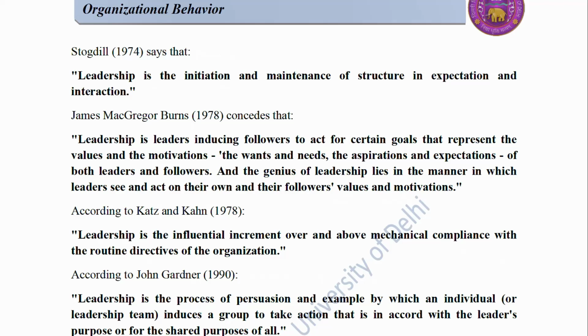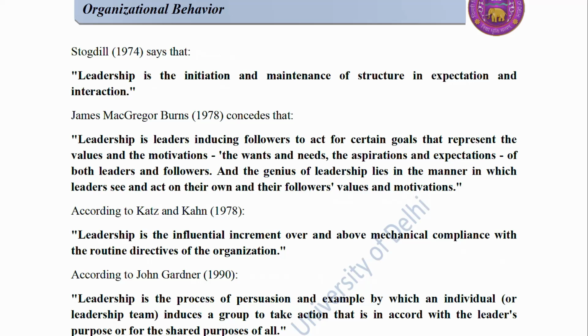James MacGregor Burns concedes that leadership is leaders inducing followers to act for certain goals that represent the values and the motivation, the wants and needs, the aspirations and expectations of both leaders and followers, and the genius of leadership lies in the manner in which leaders see and act on their own and their followers' value and motivations.